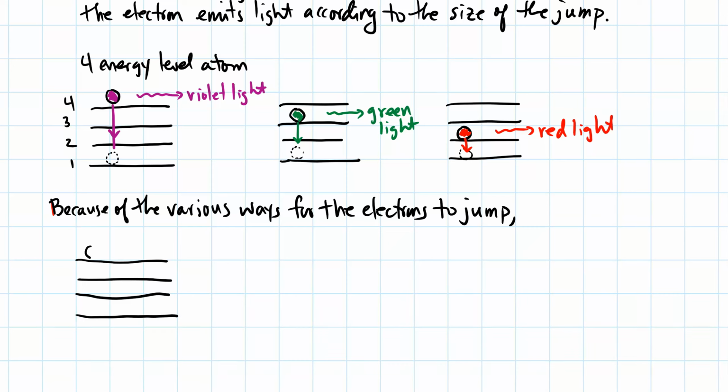I could have 1, 2, 3, and if I have this guy here, it's going to jump all the way down here. If I have this guy here, it's going to jump there. And if I have this one, I get this. So then that means I'm getting these colors of light that are being emitted by the atom.